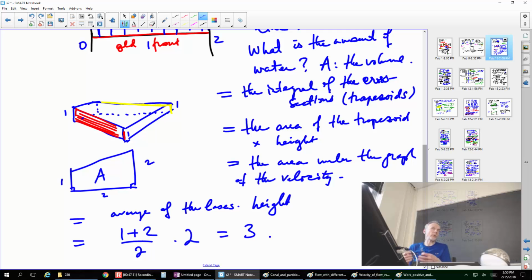So if you pick not an abstract force, we don't know what that force is, but a specific force, the force of the resistance of this water, that performs that work, then you can actually see this trapezoid as work.